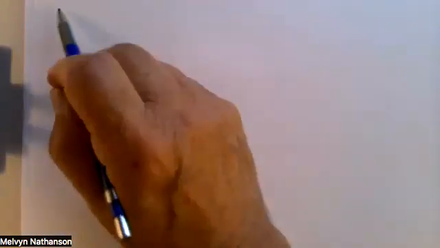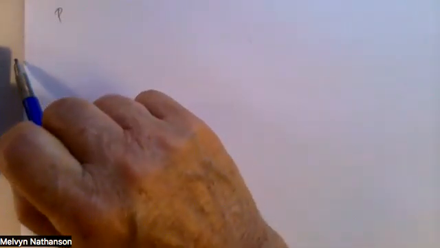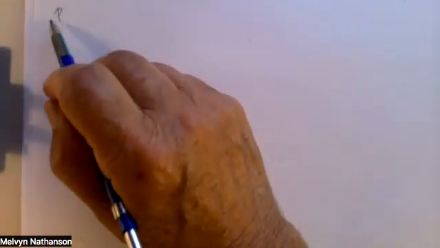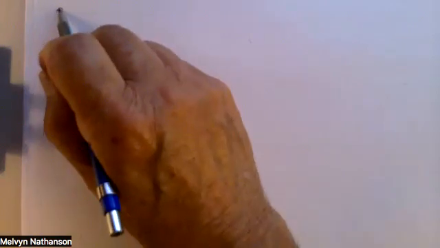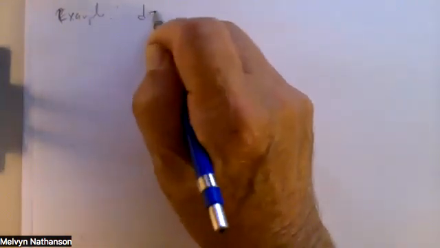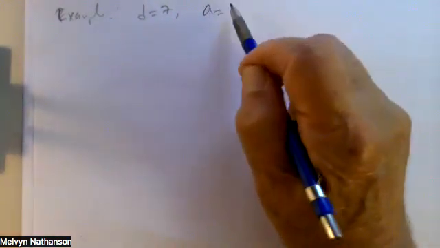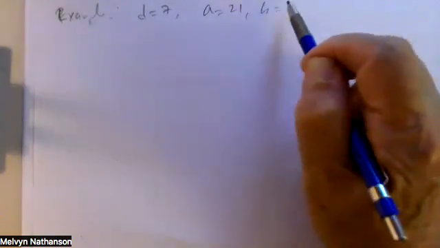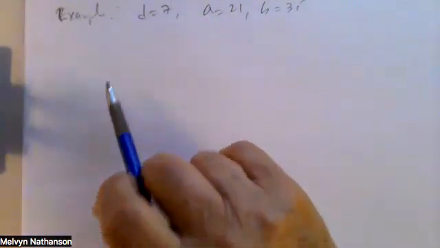So I could give an example, but an example is not a proof. Here's an example. Suppose I take D equal to 7, A equal to 21, and B equal to 35.